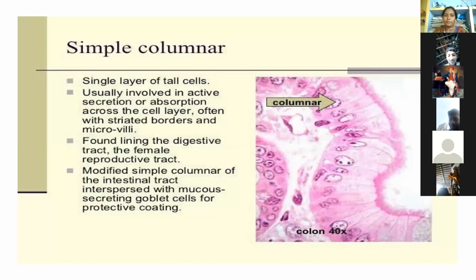Next one is simple columnar epithelium. It forms a single layer and has tall cells. It is involved in the process of secretion and absorption.